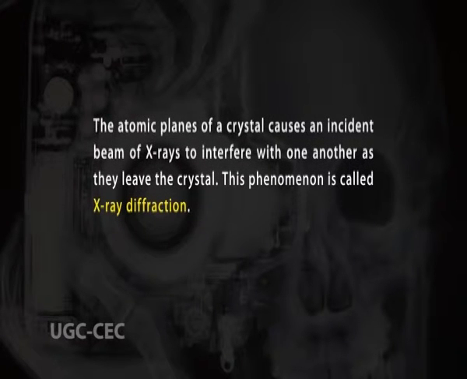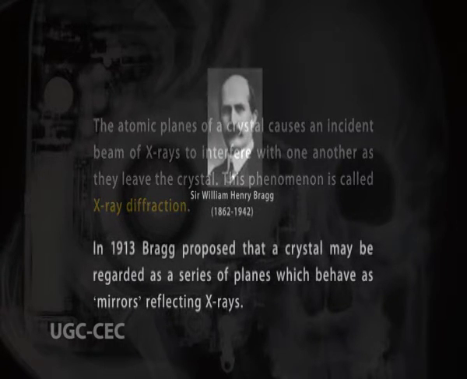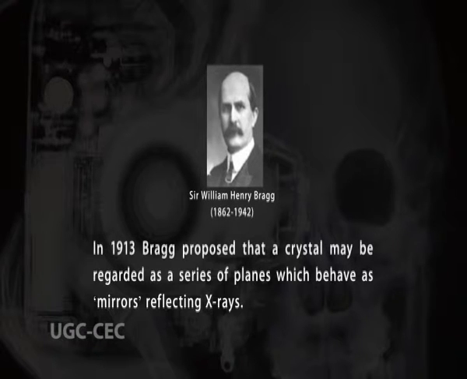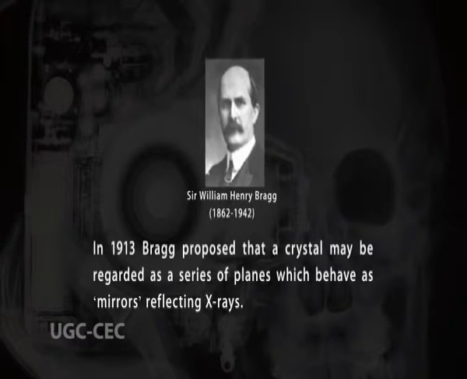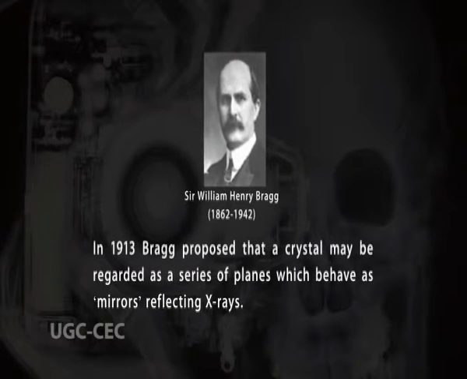Atomic planes of a crystal cause an incident beam of X-rays to interfere with one another as they leave the crystal. This phenomenon is called X-ray diffraction. In 1913, Bragg proposed that a crystal may be regarded as a series of planes which behave as a mirror, reflecting X-rays. A crystal scatters an incident X-ray beam in a huge number of different directions.